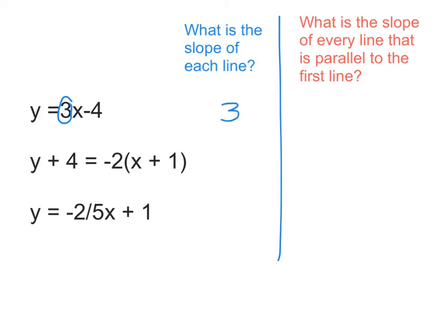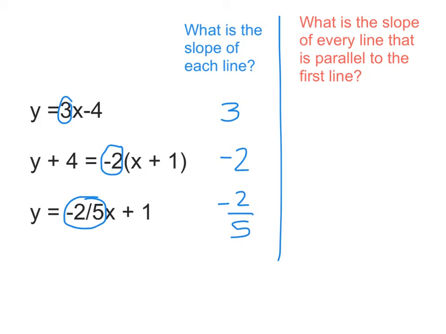The second equation is in point-slope form. Point-slope form always has our slope right here in front of the parentheses, so negative 2. And for the third one, we're back to slope-intercept form, and again, our slope is the number in front of the variable x. So negative 2/5. There's our slopes.